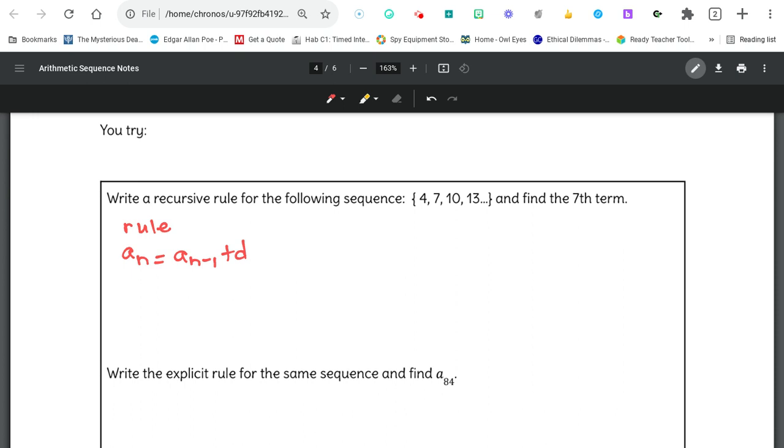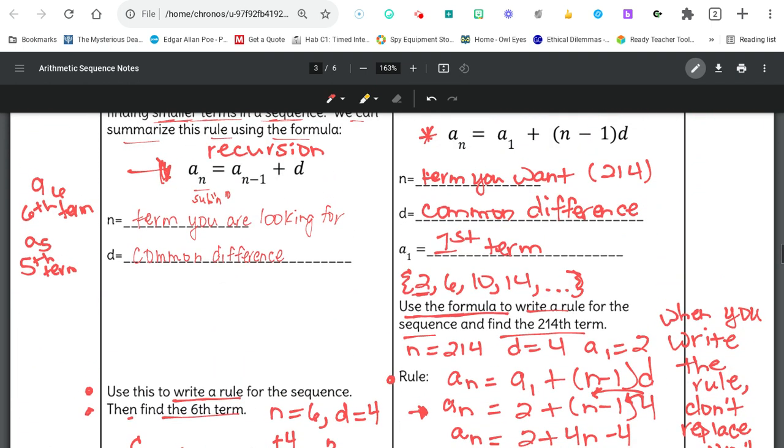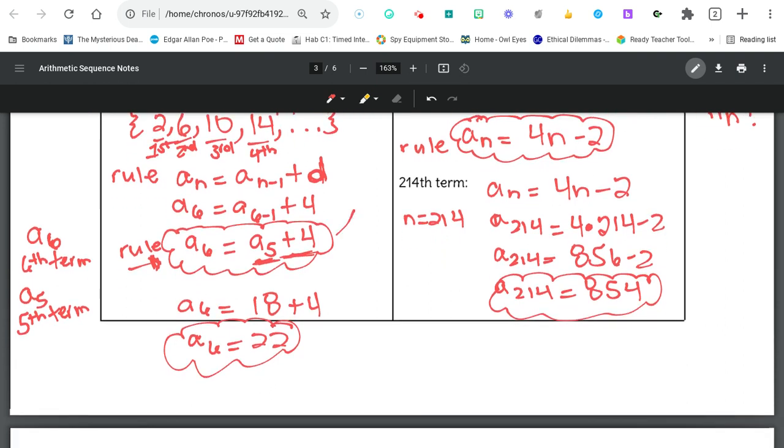In this particular case, and we changed it up here. Oh, yeah, I need to change it here. Change n here because for your recursive rule, you need the previous term. So I need to know what that previous term is. And then plus 4, okay?